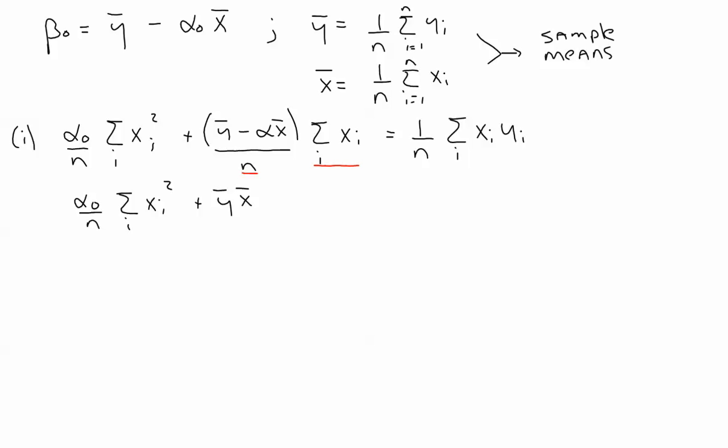Continuing on, I get minus alpha naught x bar squared, and that will equal 1 over n times the summation over i of x_i y_i.